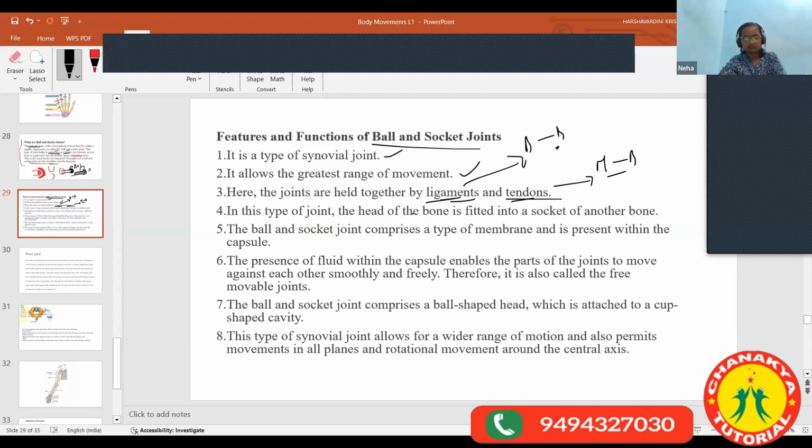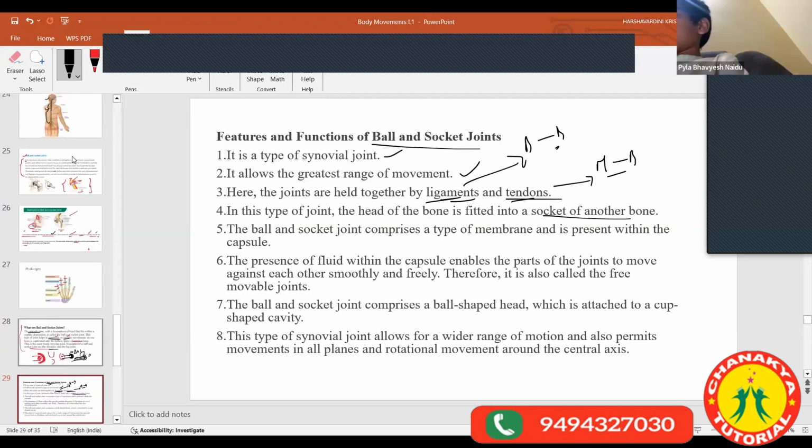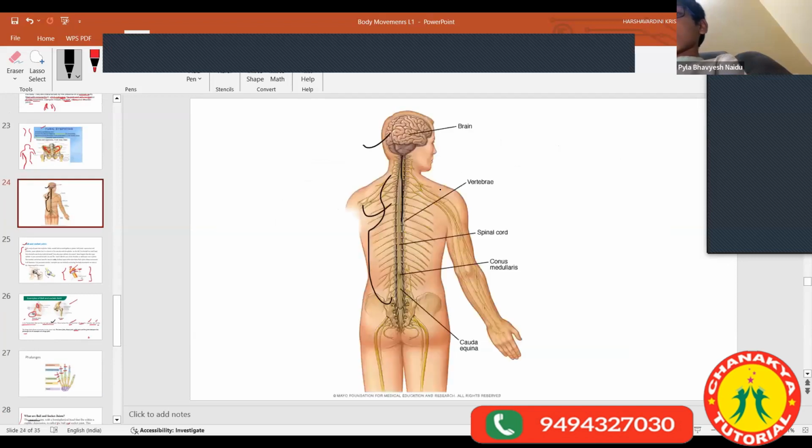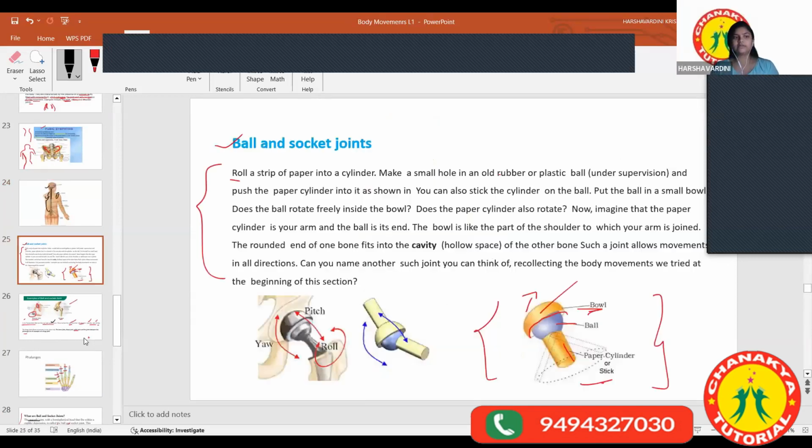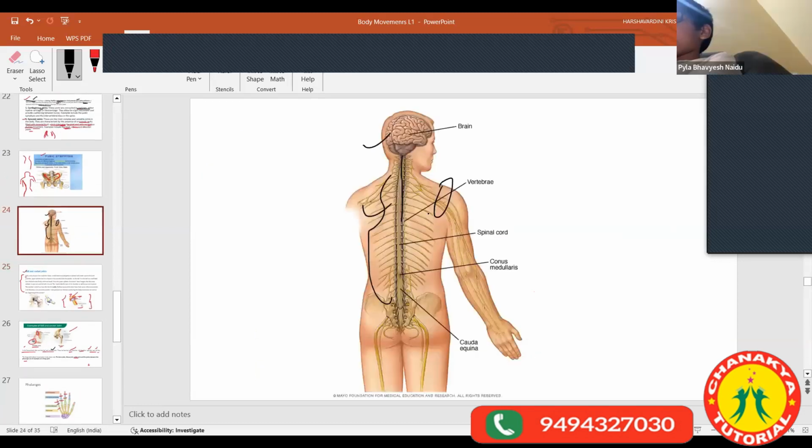In this type of joint, the head of the bone is fitted into a socket of another bone. A very good example is in the human body, the shoulder of this hand. Here you will find the ball and socket exactly in this area.